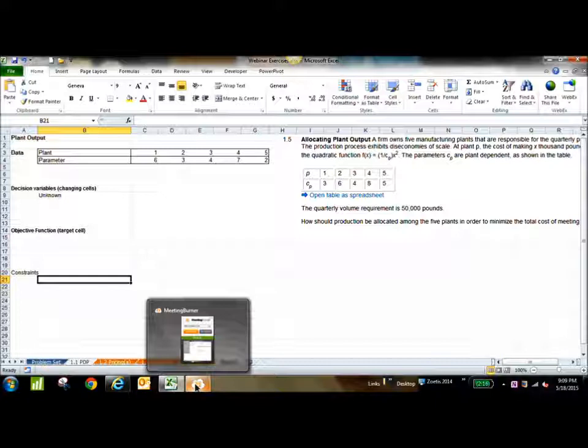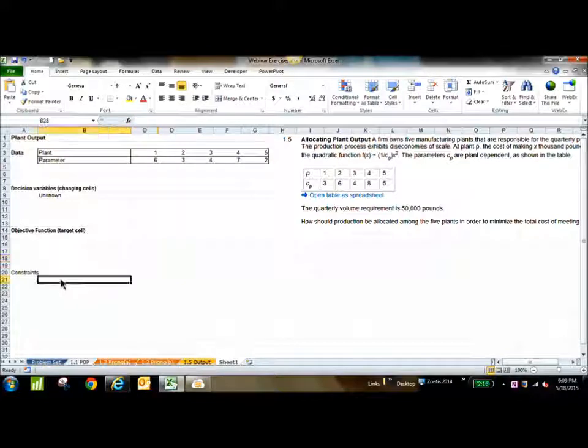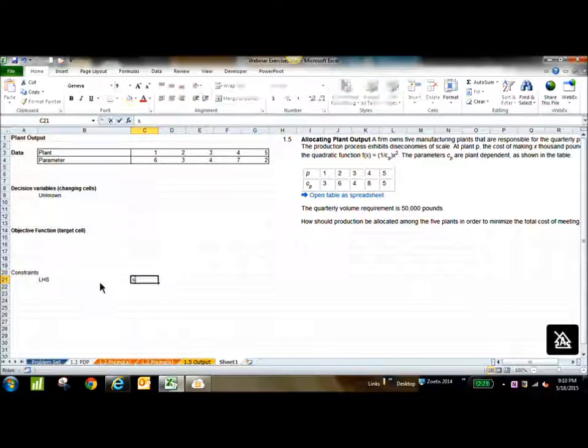All right, thank you. When we talk about constraints, these are the requirements, things that we have to fulfill. Something that is mandatory. So these are things that we have to comply with. We call those constraints. And when we talk about constraints, there is what we call the left-hand side, there is the symbol, and there is the right-hand side.